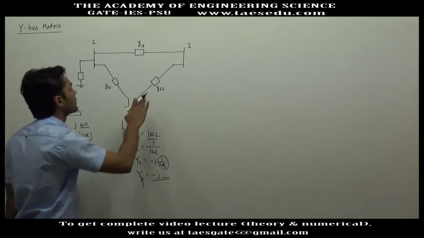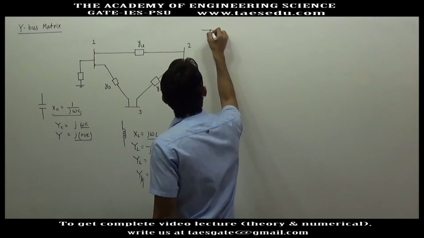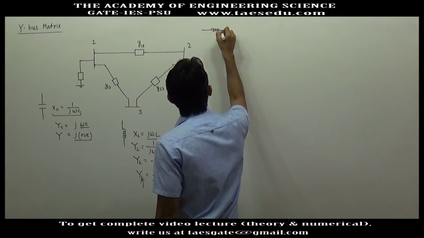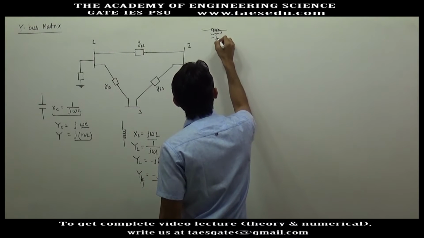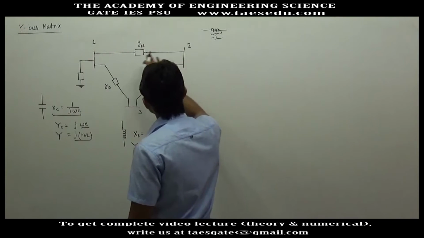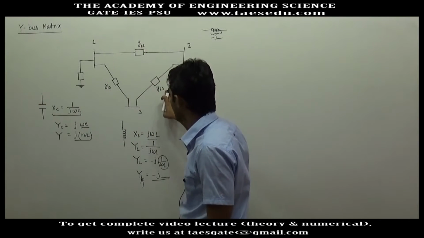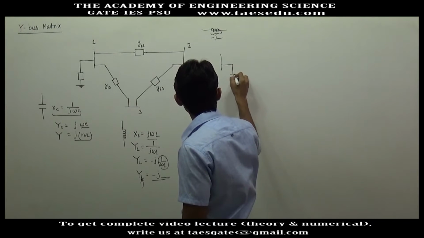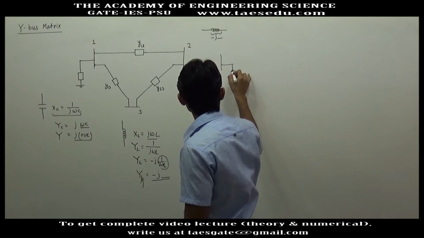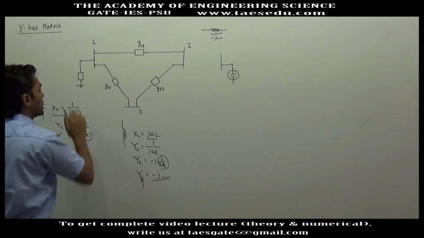So when two buses are connected through a transmission line, in the transmission line reactance dominates, and the admittance of reactance will be minus j some magnitude. So normally you will have a negative admittance here, here also negative admittance, here negative admittance, and normally buses are connected with a shunt capacitor. So the admittance of the capacitor is positive, so you will have a positive quantity here.